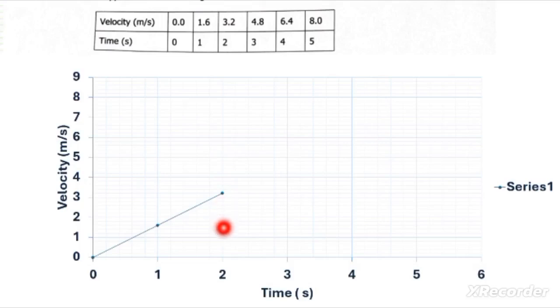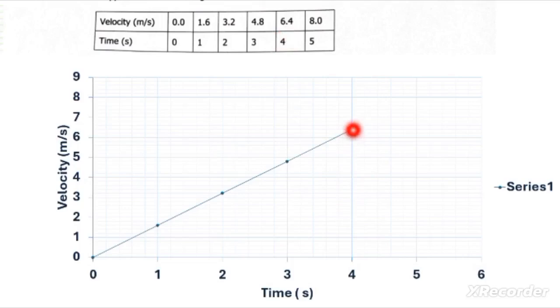2, 3.2 is found here. The next coordinate is 3, 4.8. 3, 4.8 is here. The next coordinate is 4, 6.4. 4, 6.4 is here.